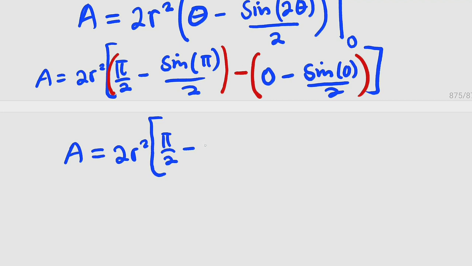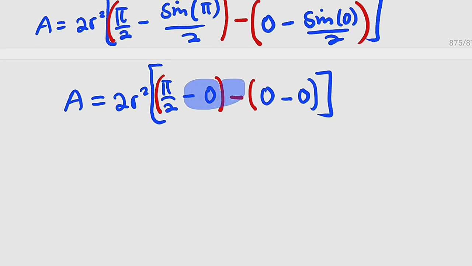So we have 0 divided by 2 is 0. Then we subtract the lower bound. This is 0 minus sine of 0 is also 0. Divided by 2 is 0. So you can see that the whole of these values are 0. The only thing we have is pi divided by 2.